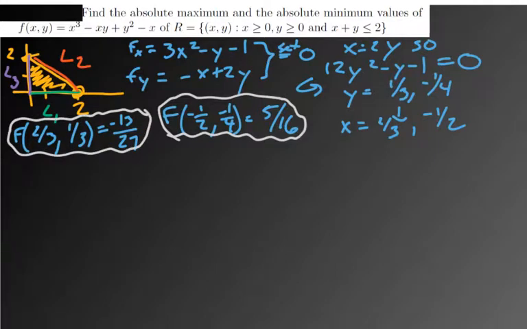And these could honestly be them, right? This could be the absolute min and this could be the absolute max. Those 2 points are the critical points inside the shaded area. But if we're thinking extreme value theorem, we know that this surface could attain its maximum or minimum on the boundary.